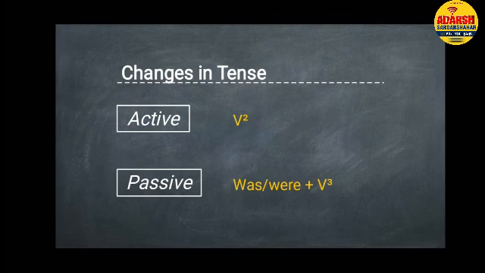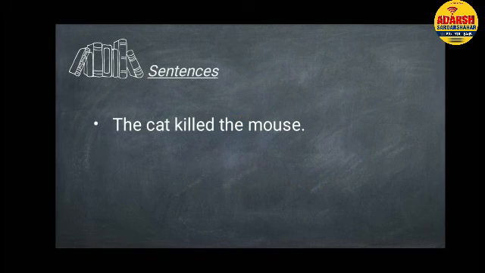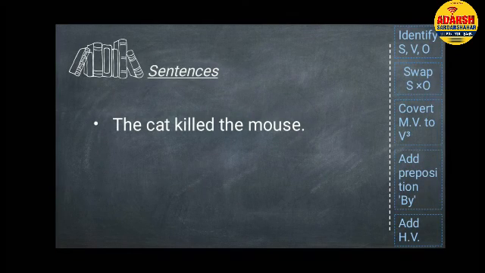So in past simple, the helping verb in active is the verb's second form, while in passive it is was/were plus the verb's third form. Let's start with an example: the cat killed the mouse. Here you can see that we used the verb's second form, so this sentence is of past simple tense. Now let's start converting it with the help of our steps.